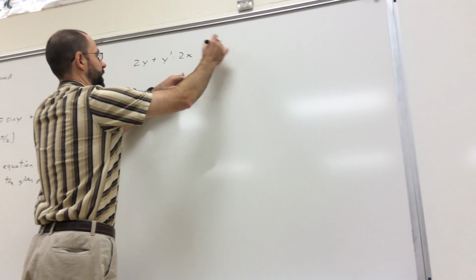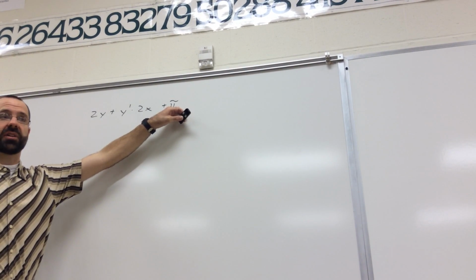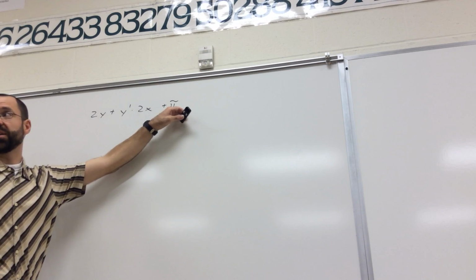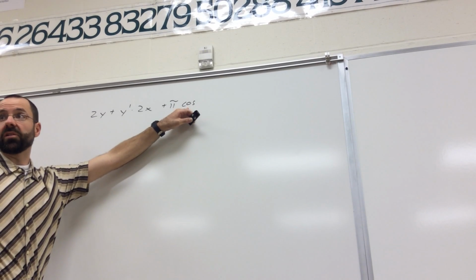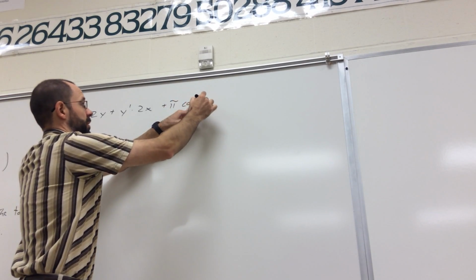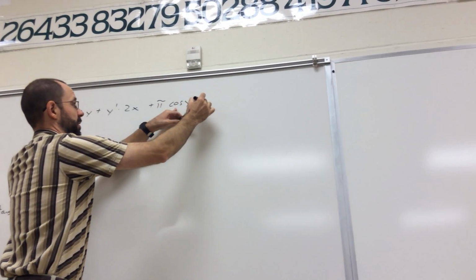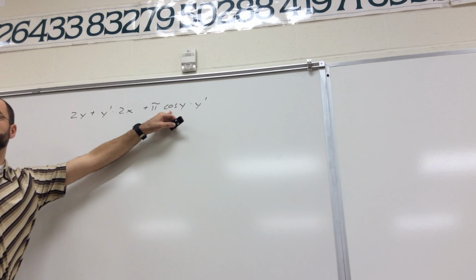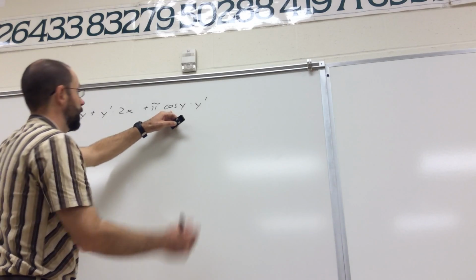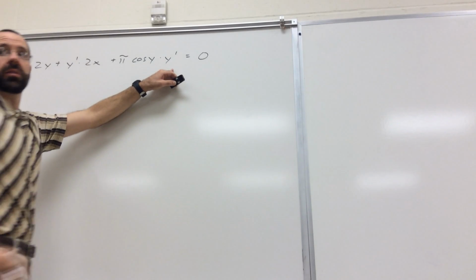So plus pi. But the sine of y is a chain rule. The outside function is sine. Derivative of that is cosine. Then you plug regular inside into it. And then multiply by derivative of inside. So that's the derivative of the sine of y. And then 2 pi is a number, so the derivative of that is 0.